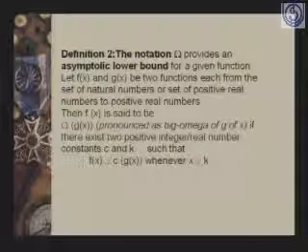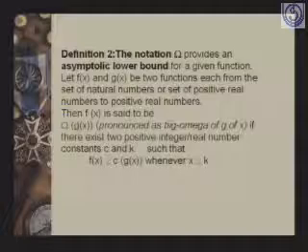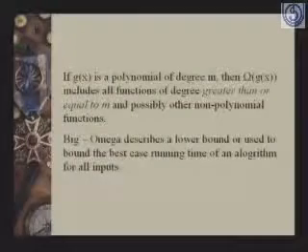Big O notation is the worst case complexity measure, whereas big omega is the best case measure of complexity, in the sense that if a particular algorithm takes omega f(x) time, this means no other algorithm having a function belonging to omega f(x) will take less time than this particular algorithm. So in this case, the inequality is reversed. That is the basic difference. The definition can be read from the slide.